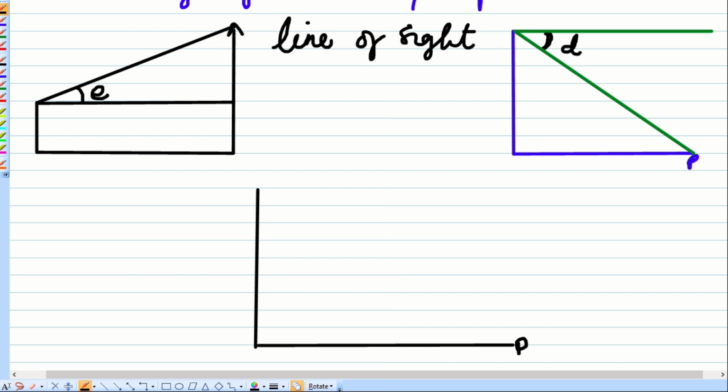So the observer is at that point P, and you want to see an object, let's say at this point A, on top the building, of course. So you see that whenever there is no height given for the observer, we just said the observer is at this point P on the horizontal floor. So you want to look at the point A on top the building.